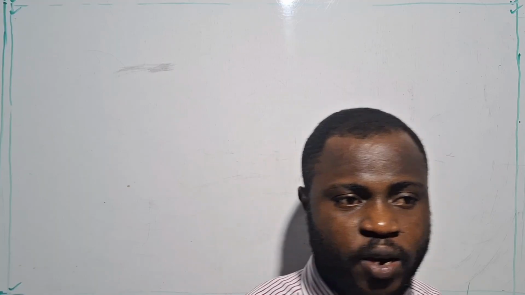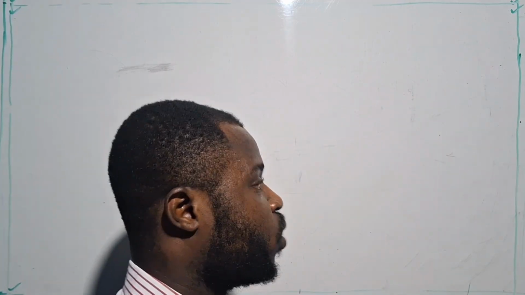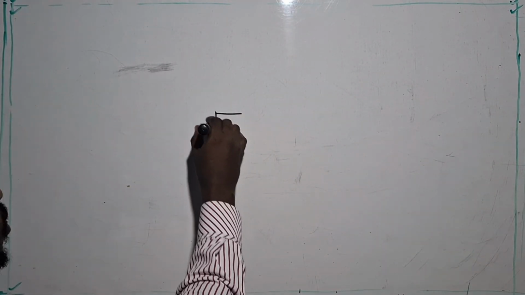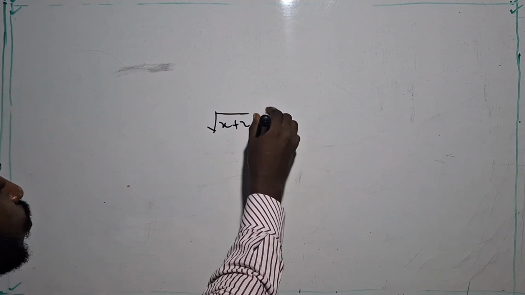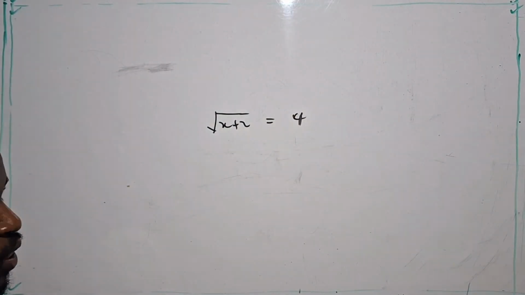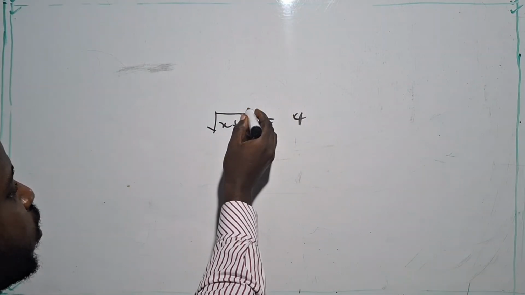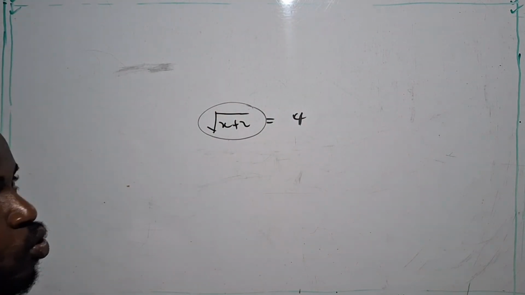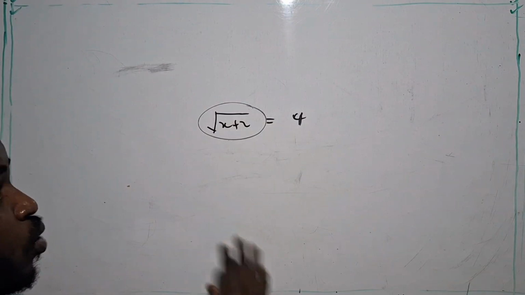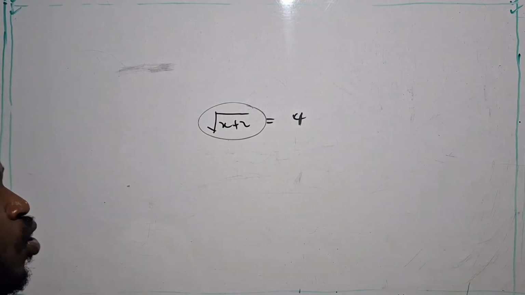So what makes the first one different from type 2? In type 1, we were seeing something like the square root of x plus 2 is equal to maybe 4. We were seeing the square root on only one side, either the left side or the right side.